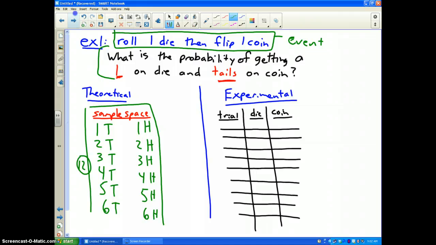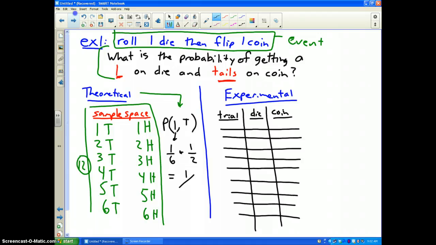All right, so what is my theoretical probability? The probability that I get 1 on the die and that I get tails on the coin is equal to this: the probability I get 1 on the die is 1/6 times the probability of getting tails, which is 1/2.